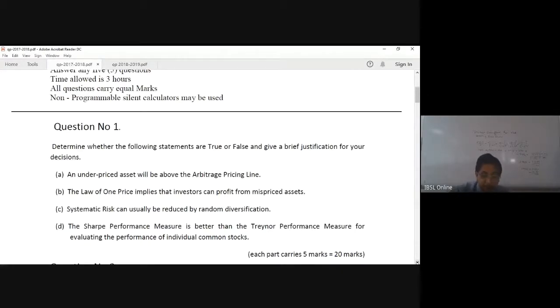The arbitrage pricing line is the equilibrium line. So if it is higher than the equilibrium return, it is in the upper part of it. So therefore the statement is correct. That is the answer to question number 1, part A.